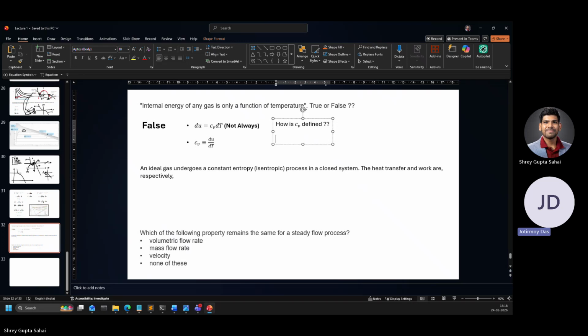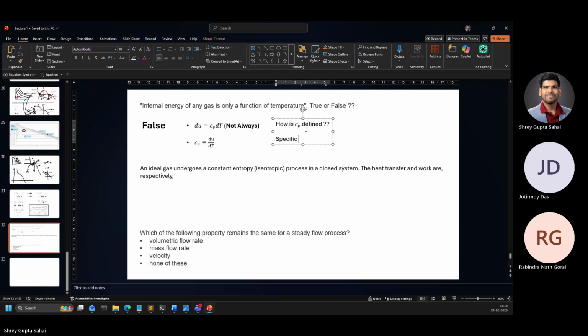CV is like the specific heat capacity at constant volume, of gas at constant volume. Of gas? Of what? Of the fluid that we are considering. Of the system. Let's say system, right? Of the system. Yes.